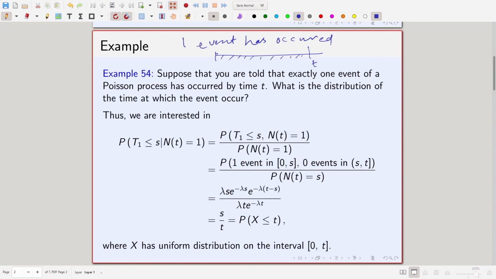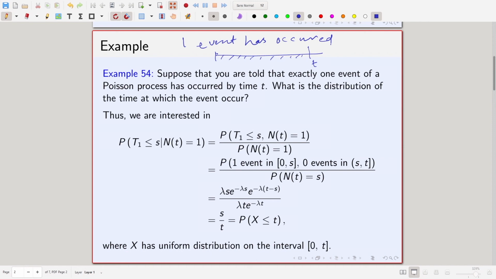The question is, under this information, what is the distribution of the time at which the event occurred? So, you are told that there has been exactly one event in the interval 0 to t, and now under this information you are asked the conditional distribution of the time of occurrence of the event, right. That is what this problem is asking you to do.